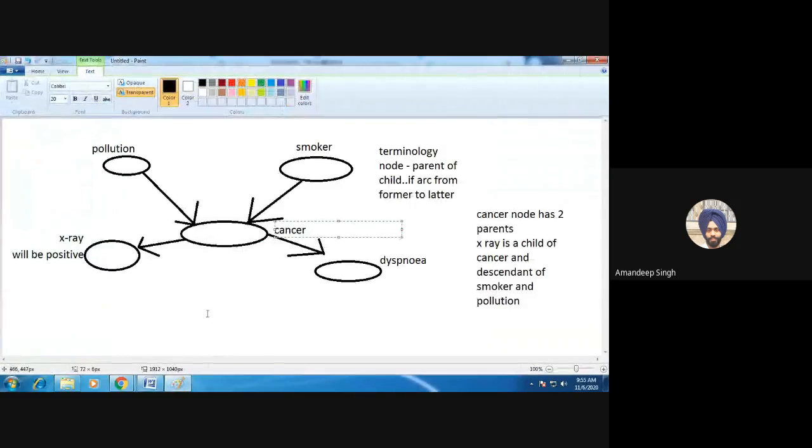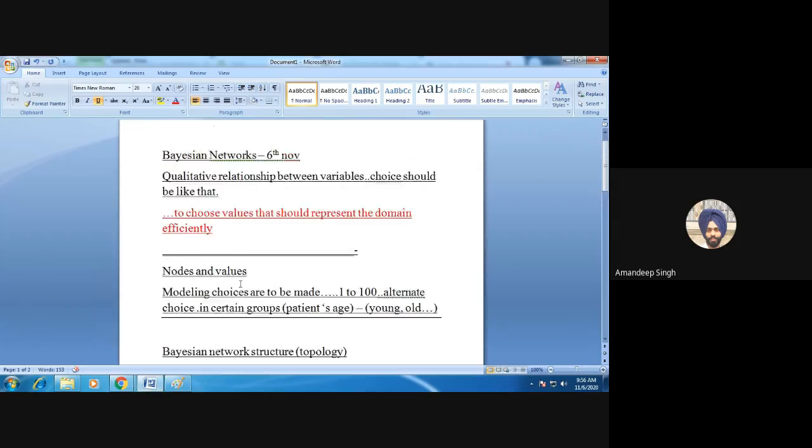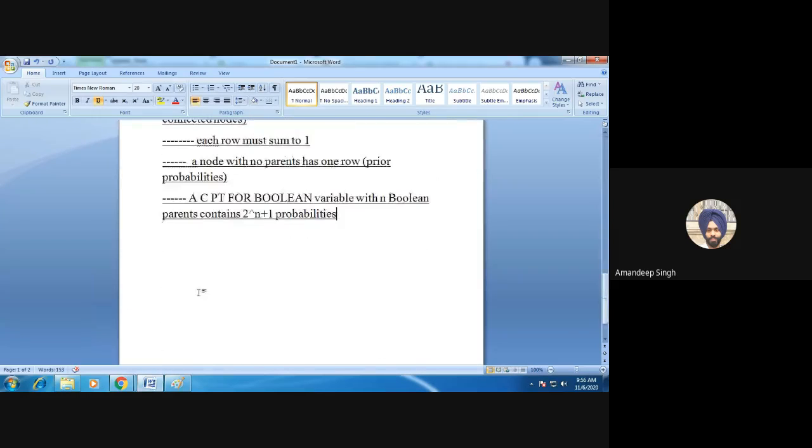You might be getting this information from the links that I'm updating in your Google Classroom. So you need to observe the whole text carefully, and on Monday we'll be holding one quiz from the discussions that we have held after MST1, both in terms of theoretical concepts and practical concepts.